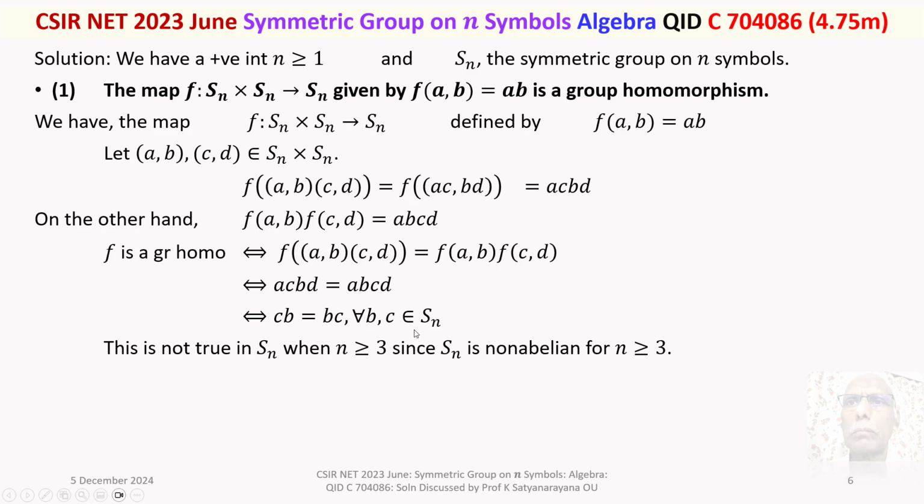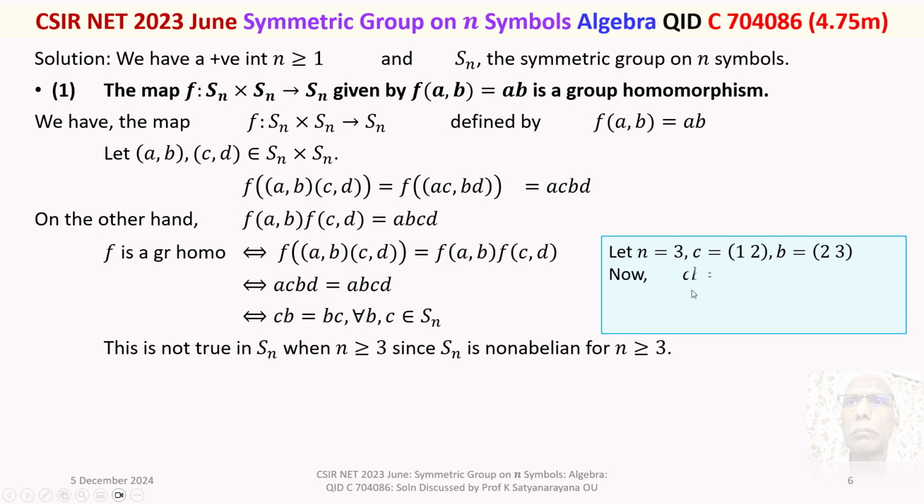If you are not satisfied, we will show you in this snippet. Now, let n be equal to 3. You take c to be (1 2). This is a transposition, a cycle of length 2. b is equal to (2 3), a cycle of length 2. Both are in S3. Multiply them. cb is equal to (1 2) multiplied by (2 3).